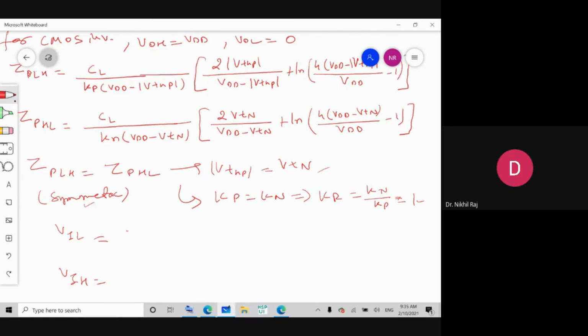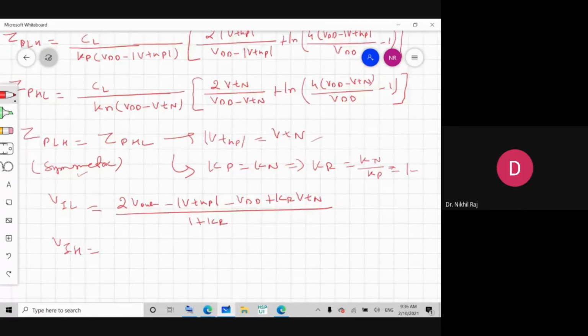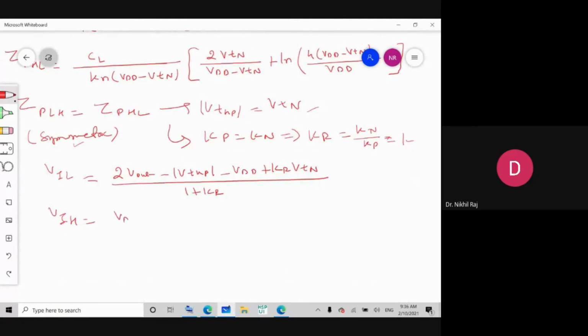VIL was given by (2V out plus VTH of P minus VDD plus Kr into VTH of n) divided by 1 plus Kr, and VIH was given as VDD minus mod of (VTH of P plus Kr 2V out plus VTH of n) divided by 1 plus Kr.